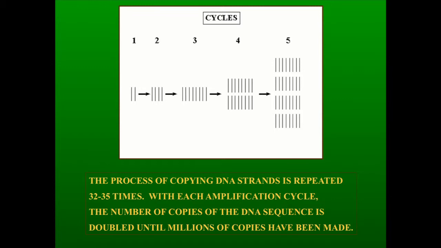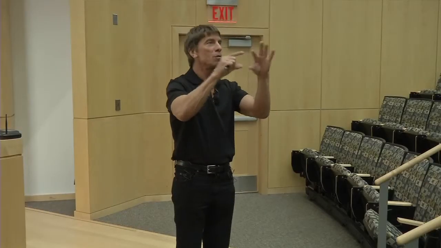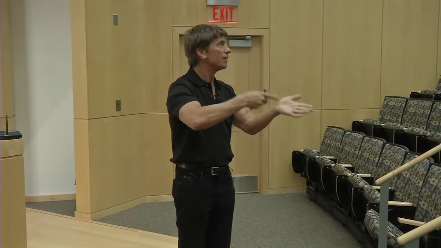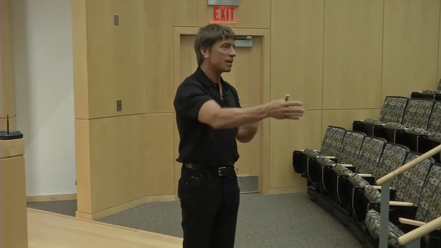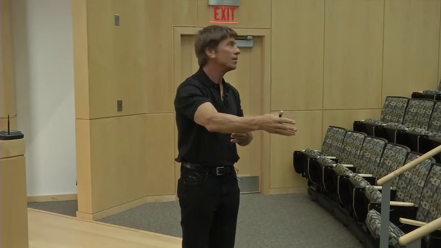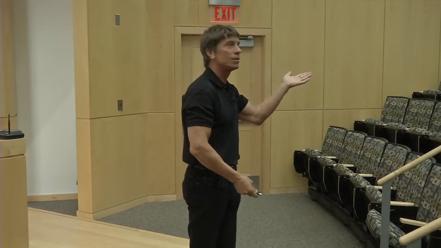So I can't see one of his DNA molecules in a gel. But if I do this reaction over this number of cycles, it will form a band on a gel that I can visualize very quickly because I've amplified his piece of DNA, or yours off of your hat, or yours off of your seat. And I could prove that you were here if I amplified the correct genes.